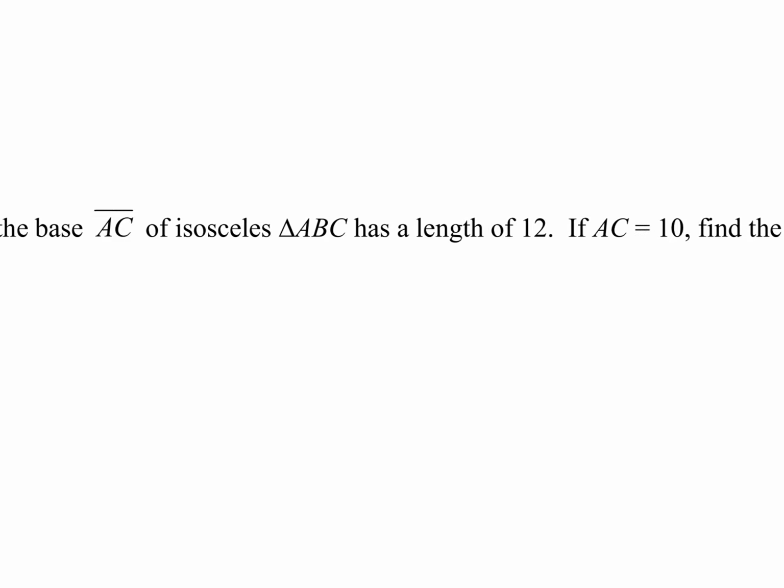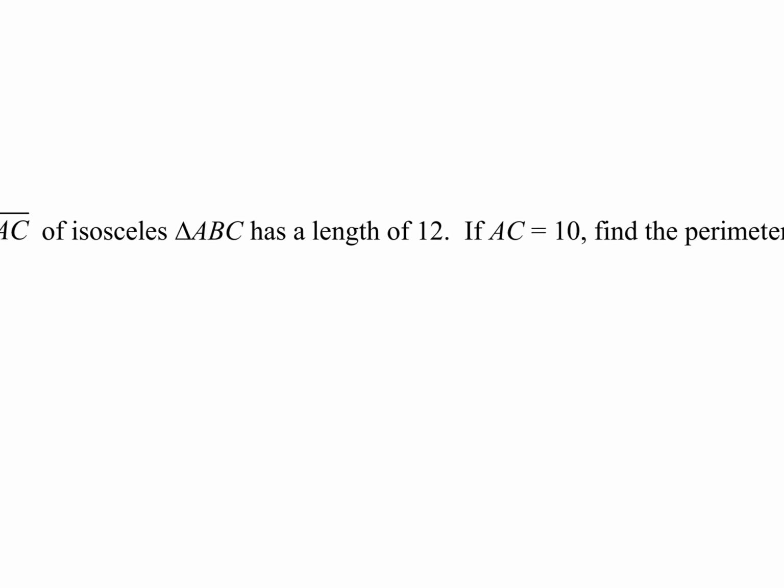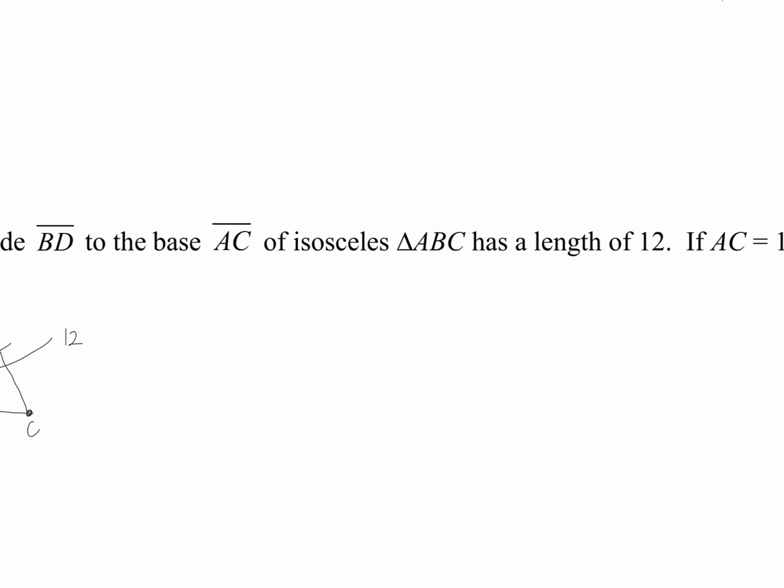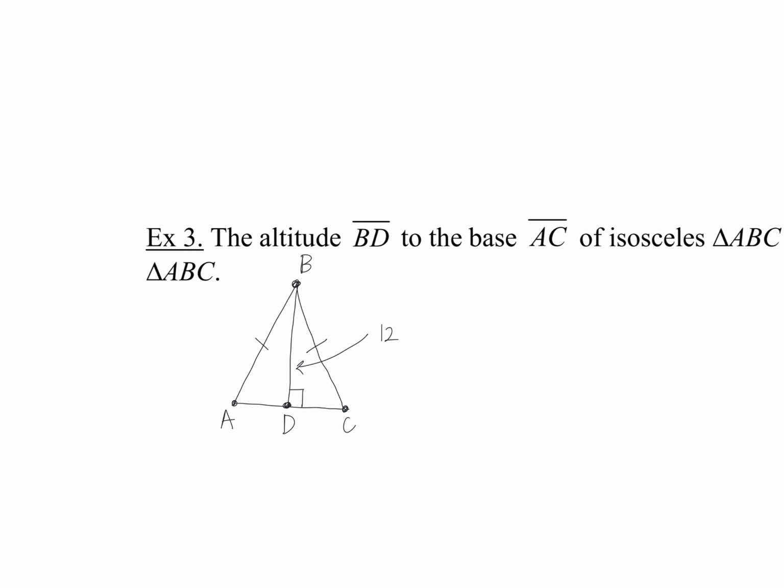If AC is equal to 10, we are going to find the perimeter of the triangle ABC. Okay, so once again, we have that AC has a length of 10. And we want to find perimeter, which means we are going to be adding up all of the sides of this triangle.